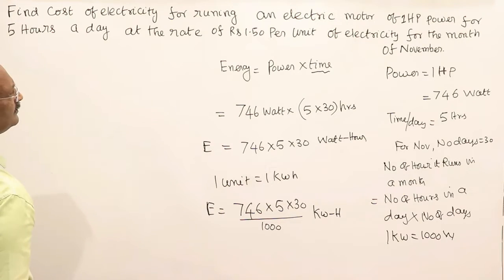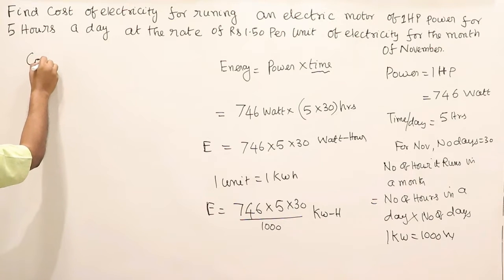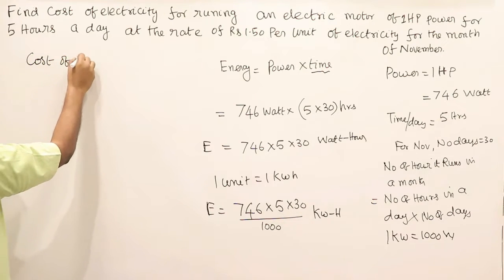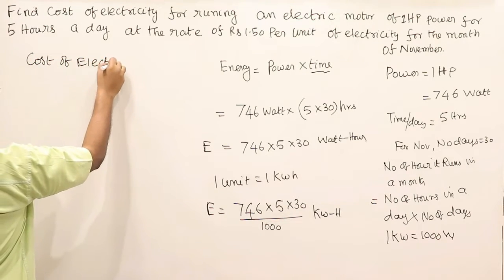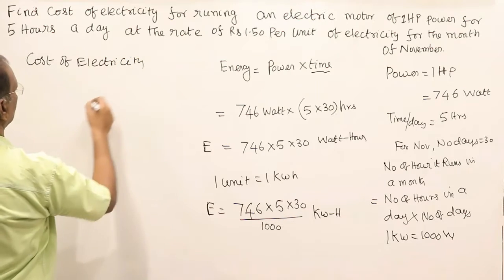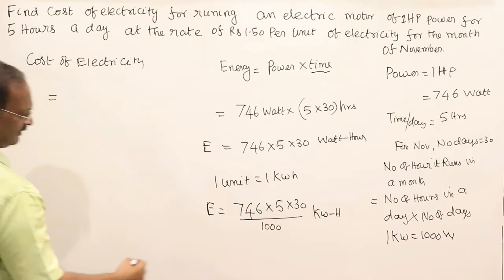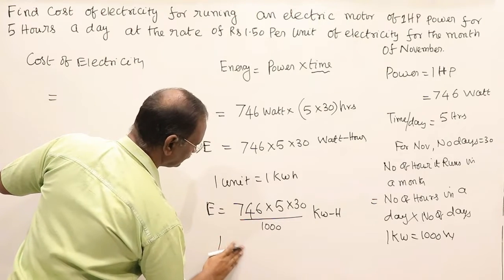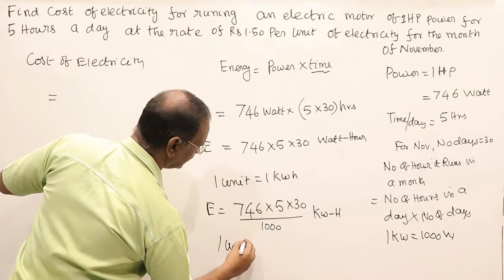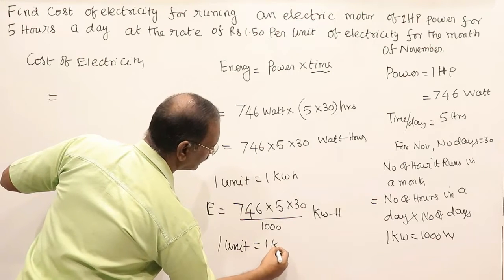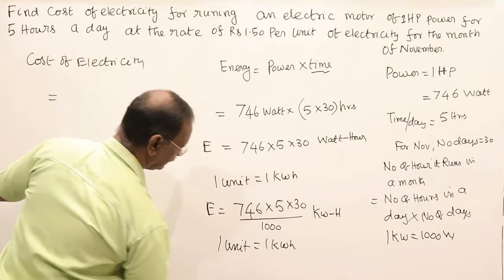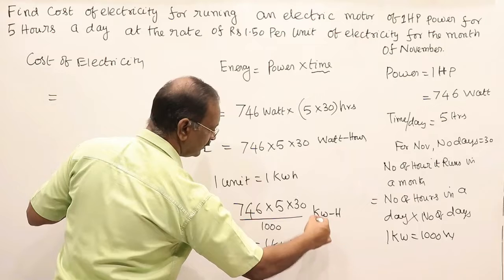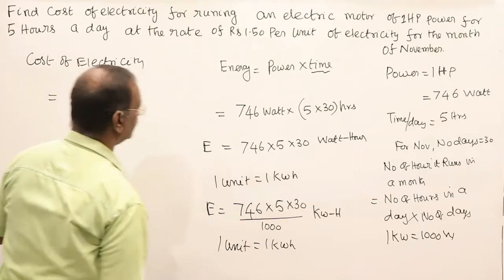Then the cost of electricity. 1 unit of electricity consumed is equal to 1 kilowatt hour. So this many units it is consuming.